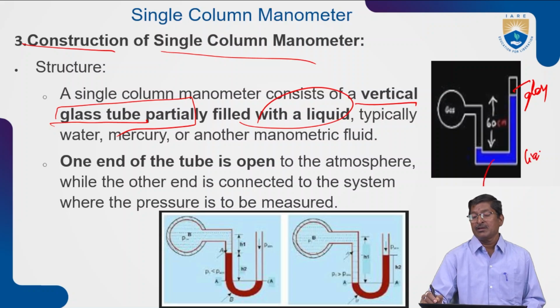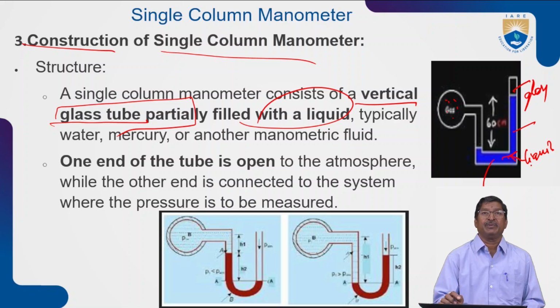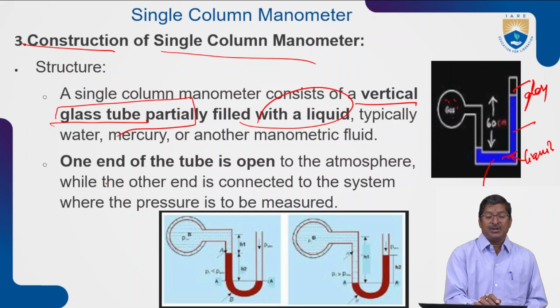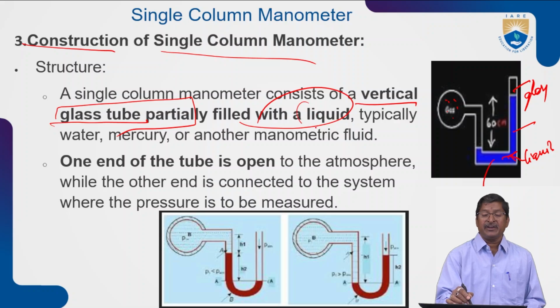The pipe will have gas or water or some other liquid, but this manometer will have another liquid, maybe mercury, depending upon the requirement. So this is a glass tube which has liquid in it.